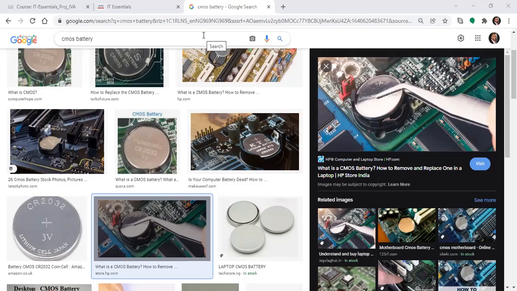As long as this battery is not there, it will keep resetting anytime you power off and power on. So the work of this battery is to protect and store information that you have saved in your BIOS setting. That is why this battery is there. They didn't mention it in there, but I needed to explain it further because many people have that problem a lot.